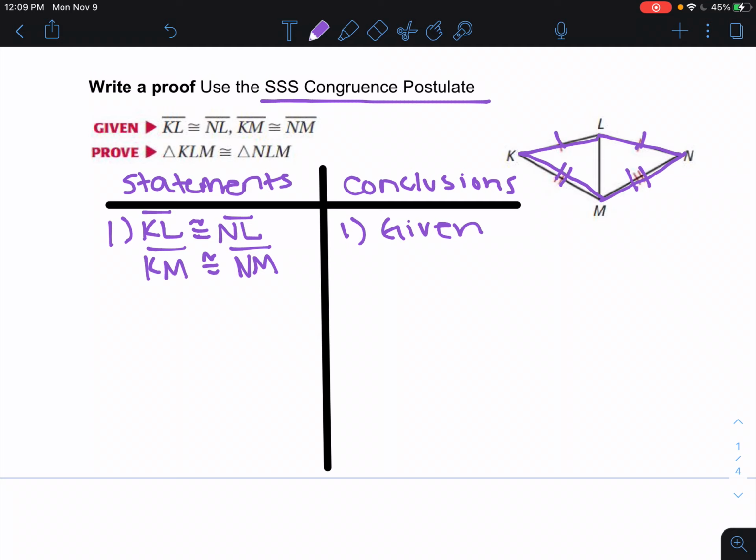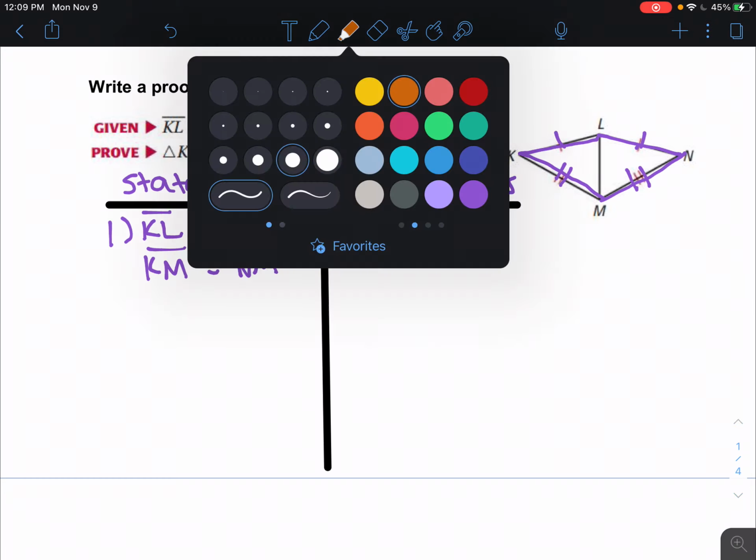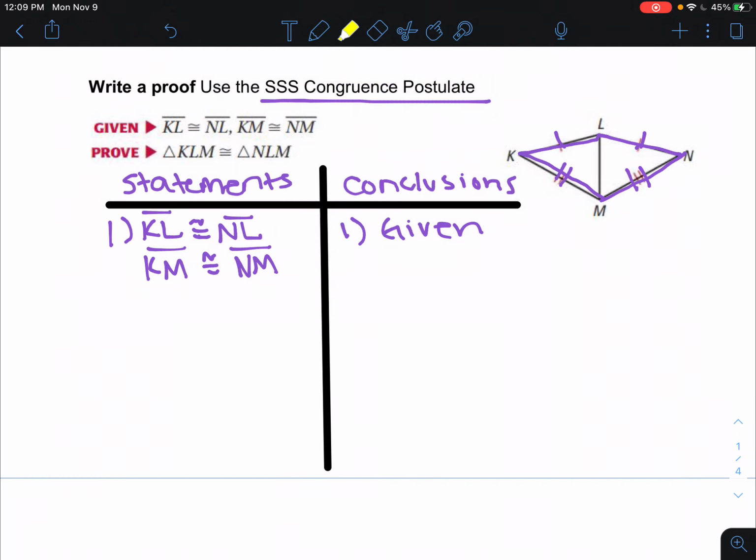We have that 2 corresponding sets of sides are congruent. Now we need the 3rd one. What's the only set that we haven't dealt with yet? Well, we've got this line right here. We have LM. LM, which is on this triangle, is congruent to, well, it's the same side on the other triangle as well.